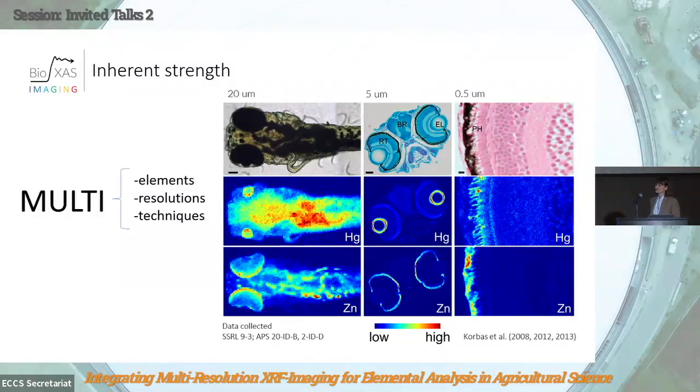At that time, this project was carried out at multiple beamlines and 2 synchrotron facilities, and really embodied the vision to have a multi-scale resolution XRF imaging capability beamline.